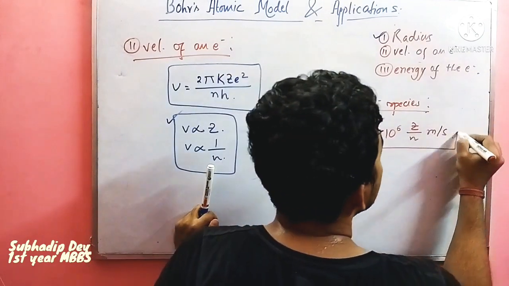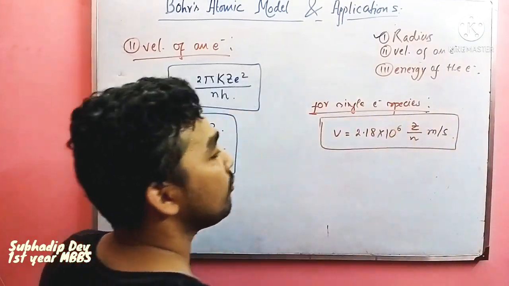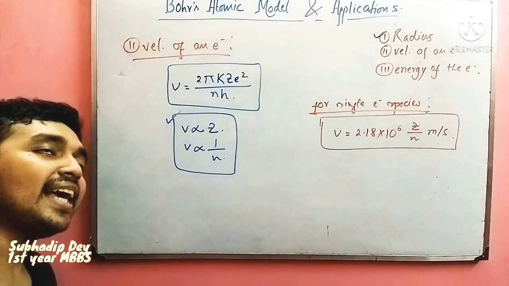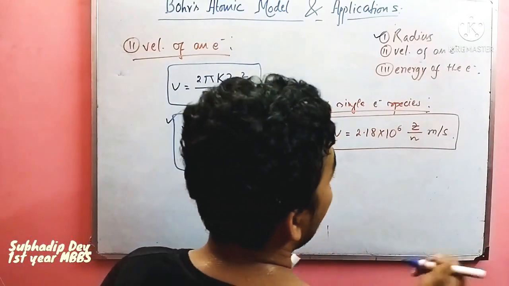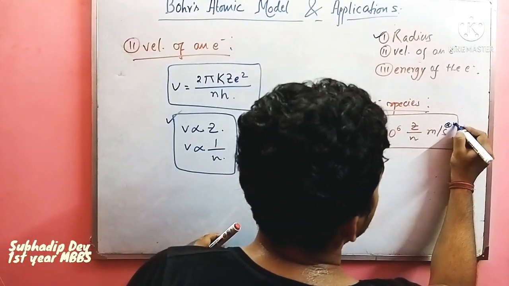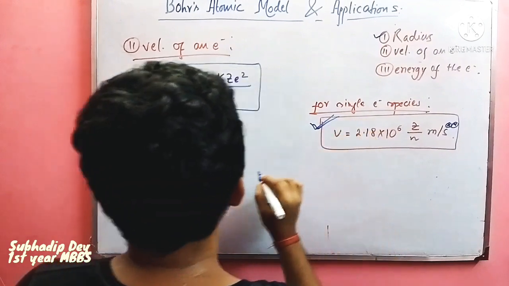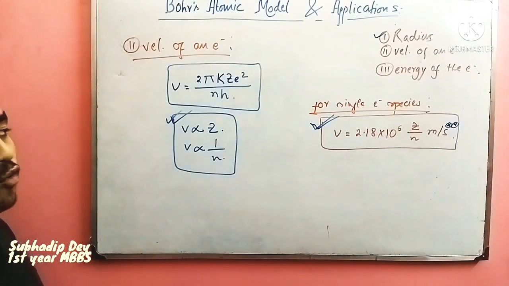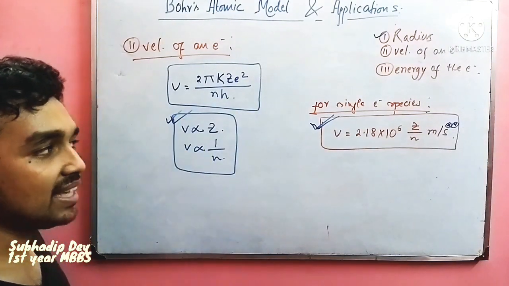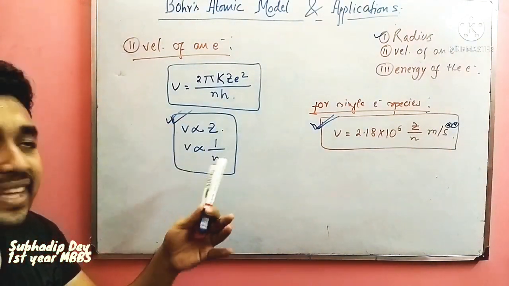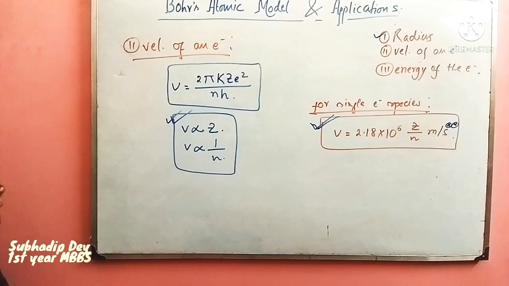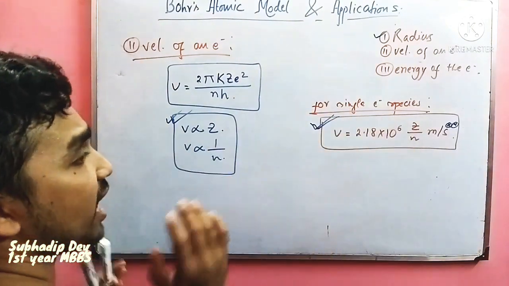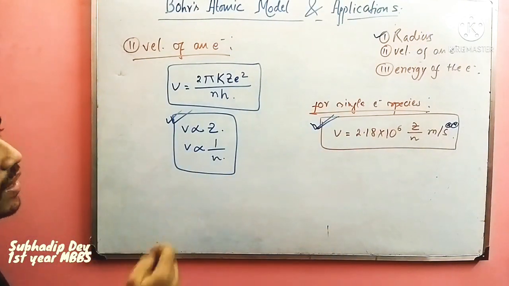So here is the value of velocity for any single electron species. Remember this unit here. So these relations are actually going to be needed for your numerical purpose. And at the end of this theory part, we will see how these actually work for the numericals.